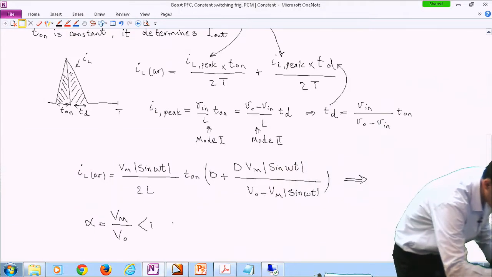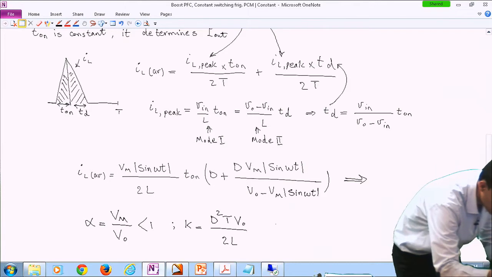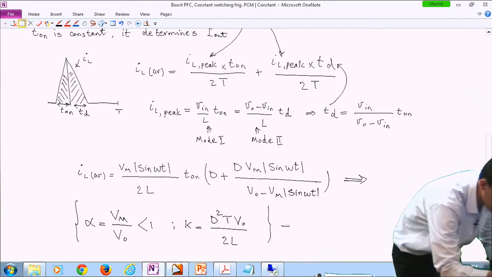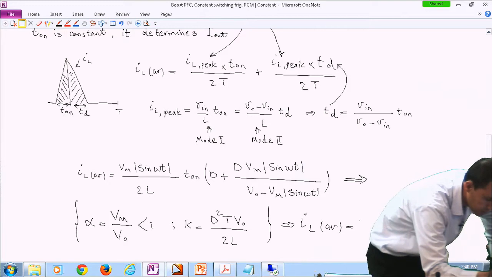And also, if I define K as a constant parameter of duty cycle squared, switching period, output voltage divided by twice the inductor. Under these two assumptions, the average value of the inductor current will be an expression like this.